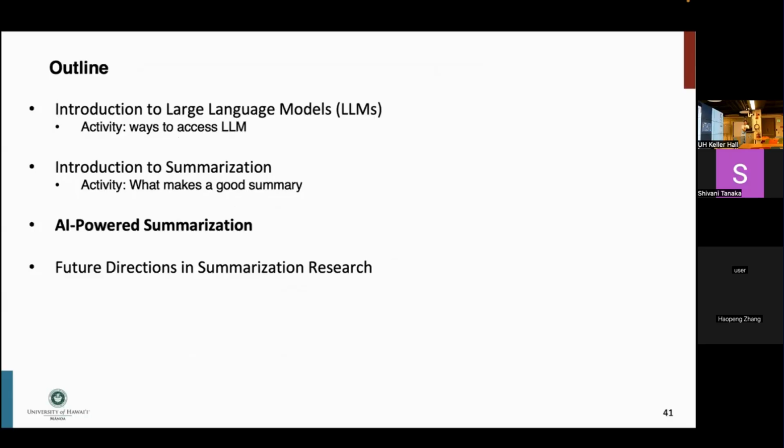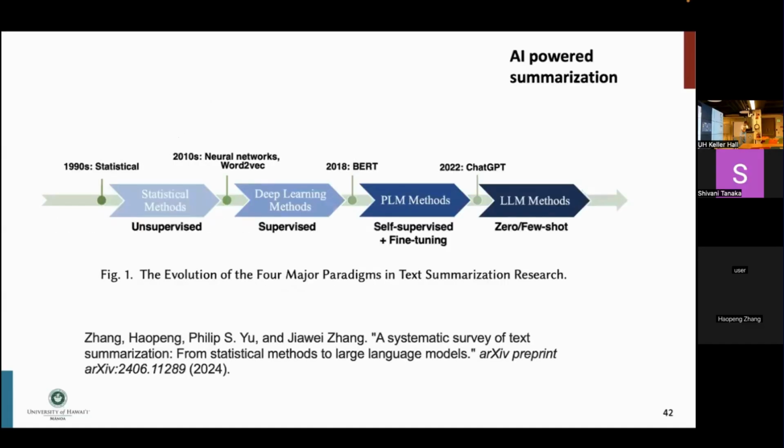And next, I'll briefly introduce the research of AI-powered summarization. Generally speaking, AI-powered summarization is not a new problem. It started early in the 90s, in the last century. And by that time, most of the models were statistical models.